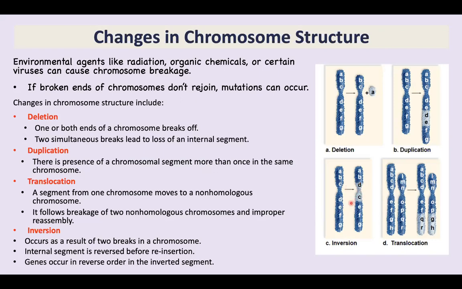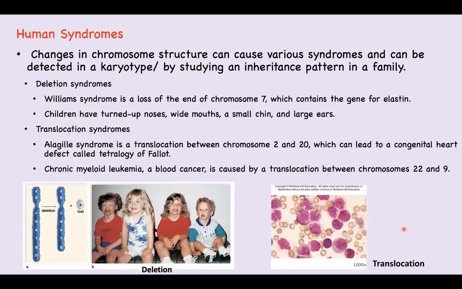Inversion. Okay, lagi satu, last one is translocation, which is dia move to another non-homolog punya chromosome. Macam ini, QR dekat sini, dia dah move ke sini, GH dah move ke sini. So that is translocation. Okay. So human syndrome yang berkait dengan deletion and also translocation.